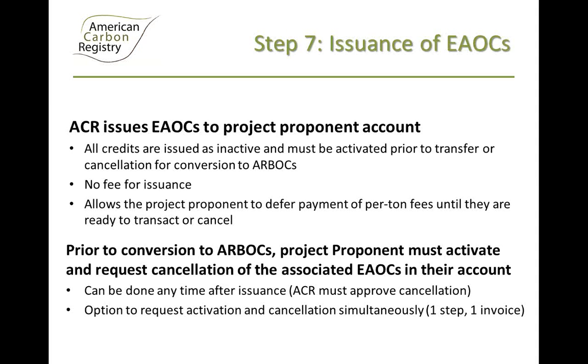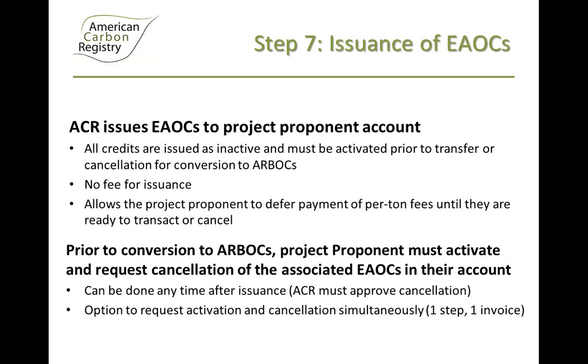Okay, step 7 is the issuance of the early action offset credits. When ACR determines that the project is eligible for issuance, we will, of course, issue those corresponding credits to their account.